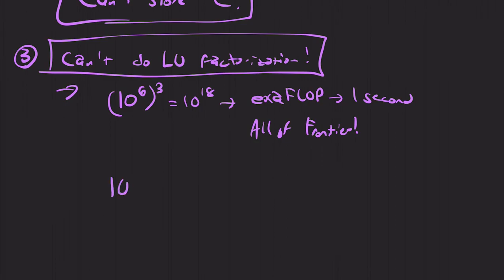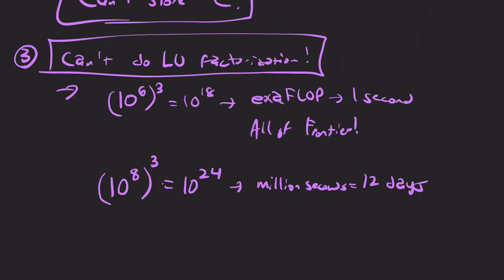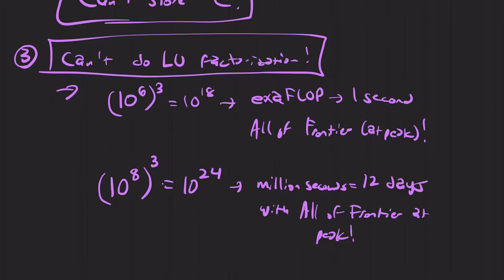So let's look at the case where we crank this up by 100 times. We cube that. This is 10 to the 24th. So we need 1,000,000 seconds, which equals 12 days, with all of Frontier at peak, which you're not going to get, right?